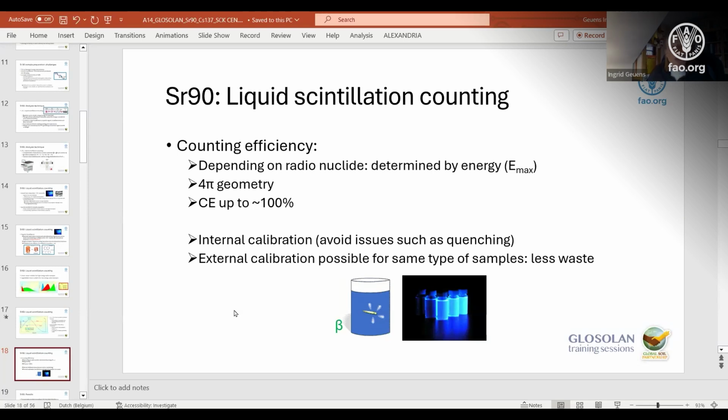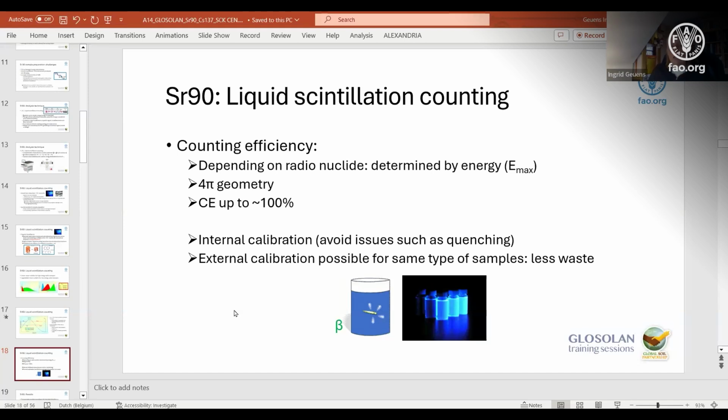It's also possible to measure in a complete geometry, a 4π geometry, and then you get a counting efficiency of almost up to 100%. You will see when we talk about gamma spectrometry that it's completely different. There the counting efficiency is much lower.